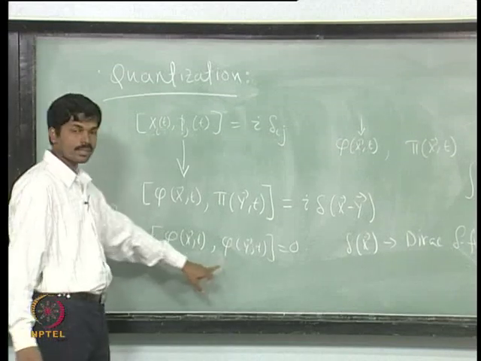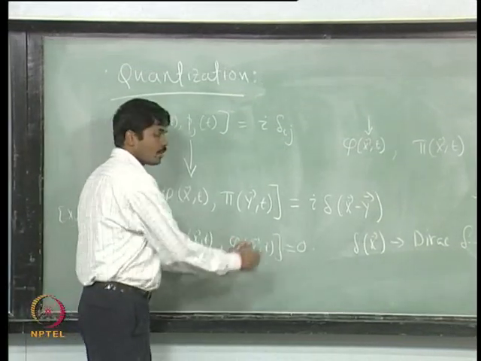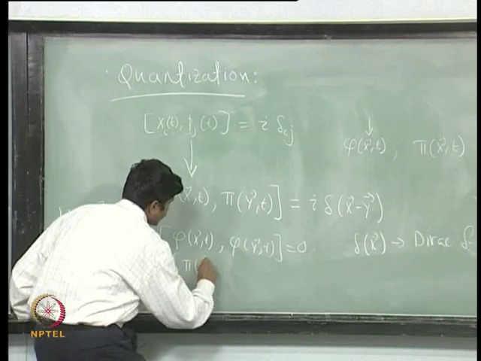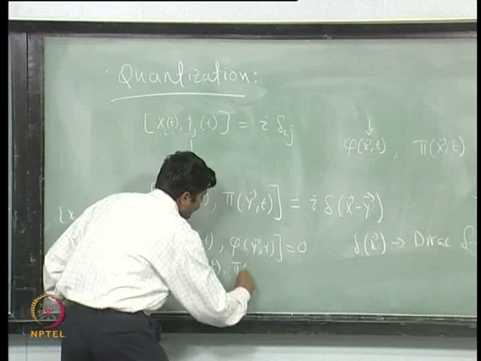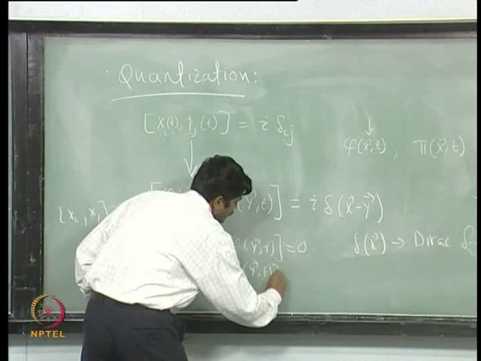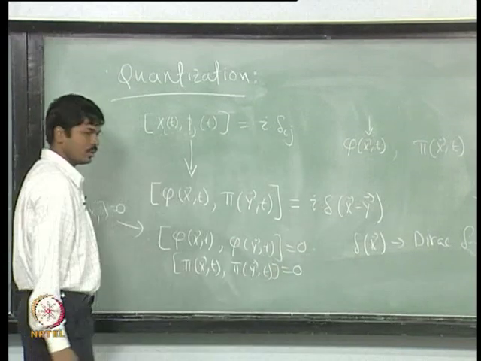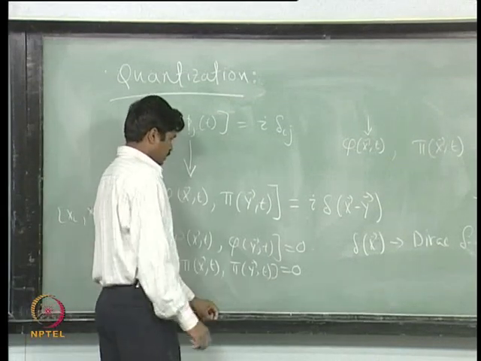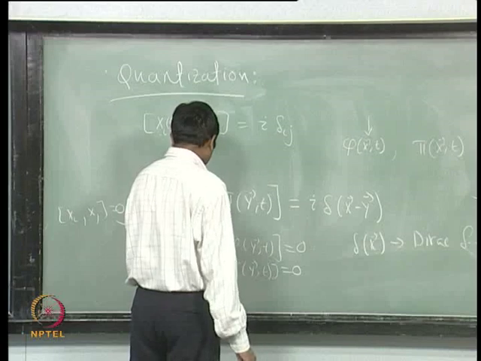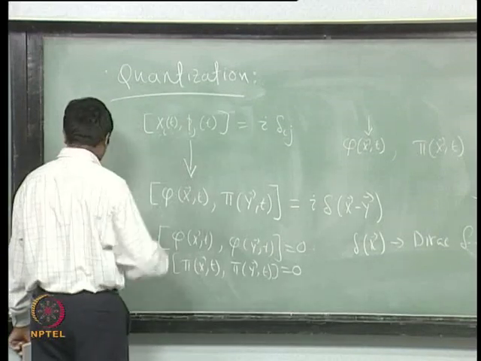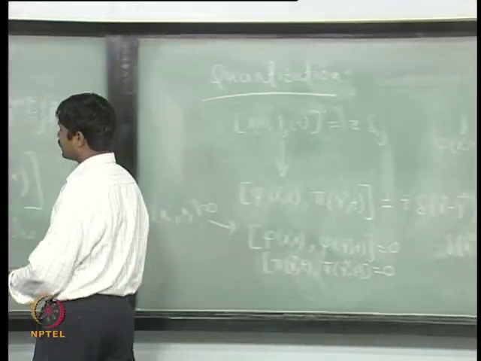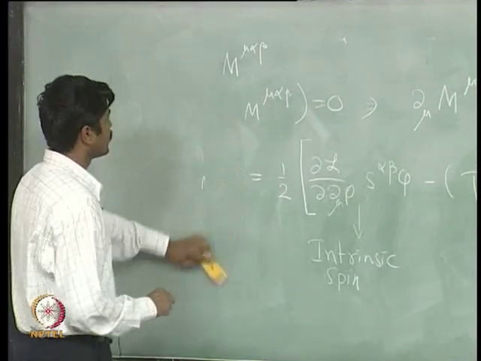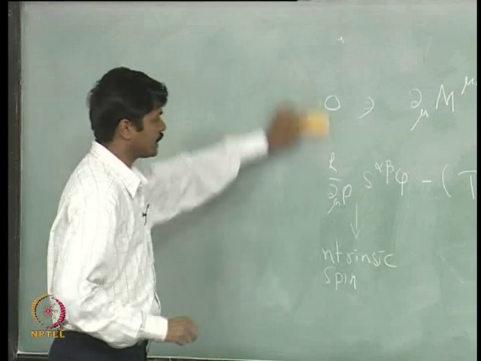The analogous relation in quantum field theory is that two phi's commute, and so do two pi's: the commutator of pi of x, t and pi of y, t is equal to 0. So, let us start with these basic commutation relations and then see what we get.